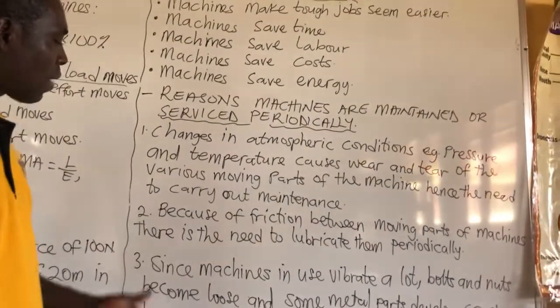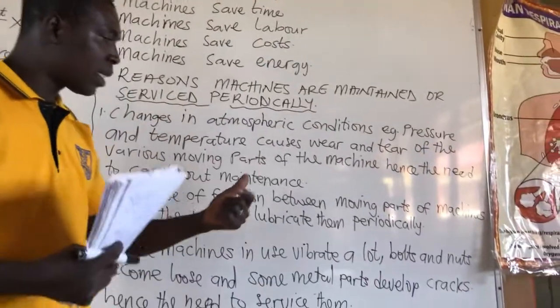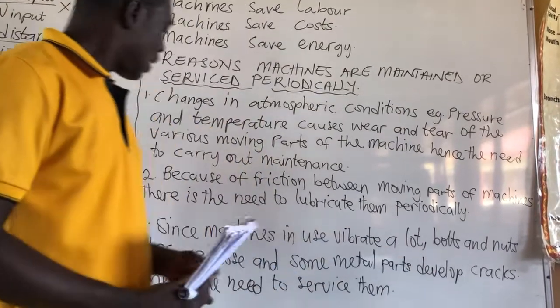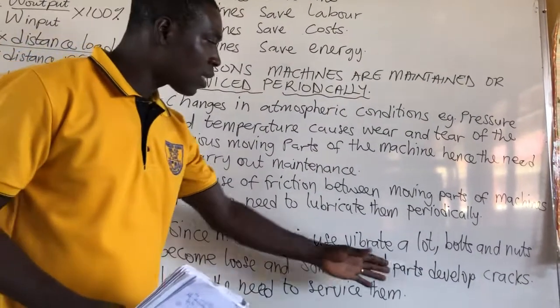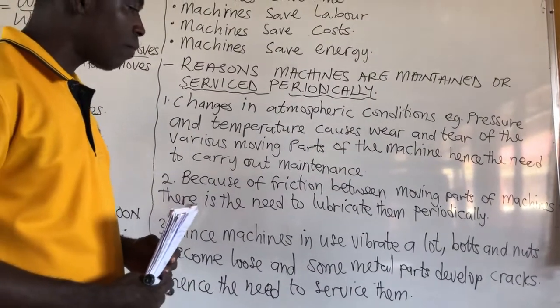And we also have the third reason, which is machines in use vibrates or shakes a lot. Therefore, bolts and nuts become very loose, and some metal parts develop cracks, and hence the need to service them.